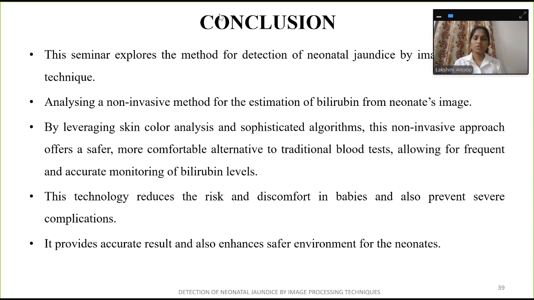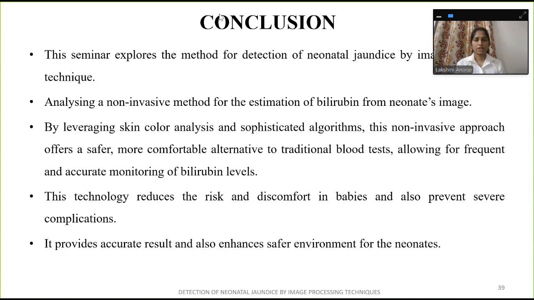Moving to the conclusion, this seminar mainly explores the method for detection of neonatal jaundice by image processing technique, analyzing a non-invasive method for estimation of bilirubin from neonates' images. Here, we are leveraging skin color analysis and sophisticated algorithms for detecting the level of bilirubin from the infant's image, which acts as a non-invasive approach and also offers a safer, more comfortable alternative to traditional blood tests, allowing for frequent and accurate monitoring of bilirubin levels.